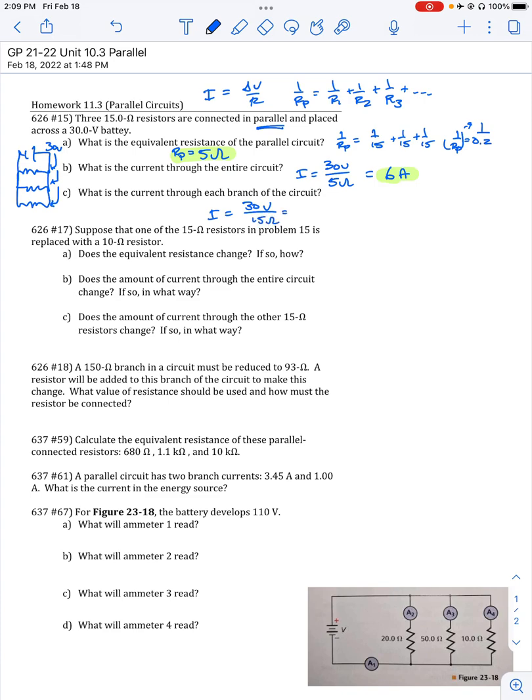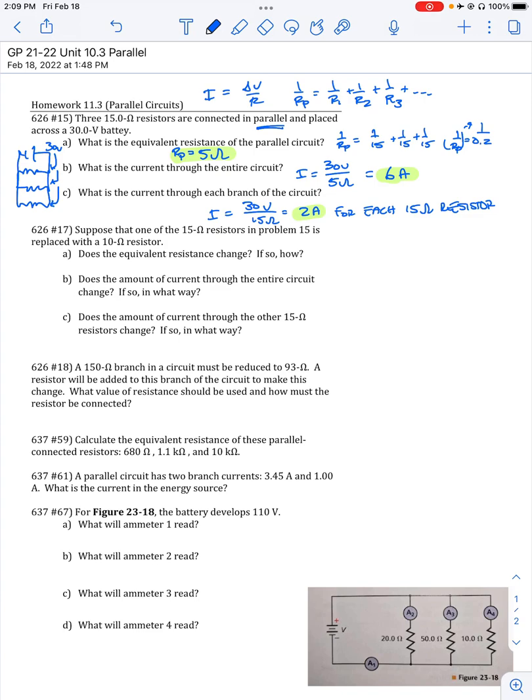So 30 divided by 15 is 2 amps for each 15 ohm resistor. Because they're the same size, they're all going to carry the same amount of current.